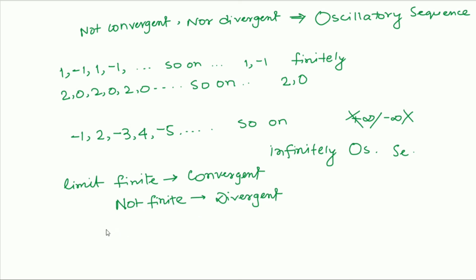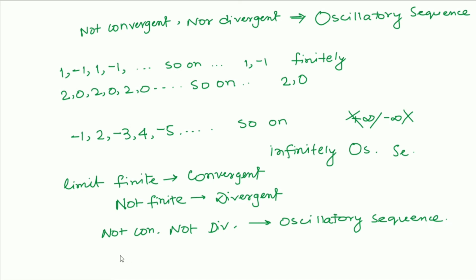And if it is not convergent and not divergent, it is an oscillatory sequence. And this is the concept of convergence of sequence. Thank you.